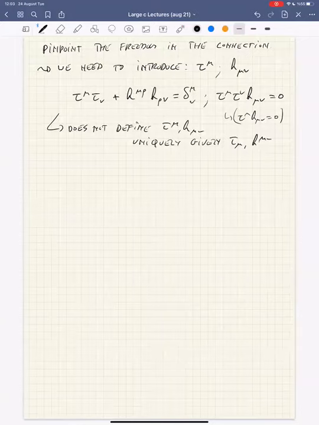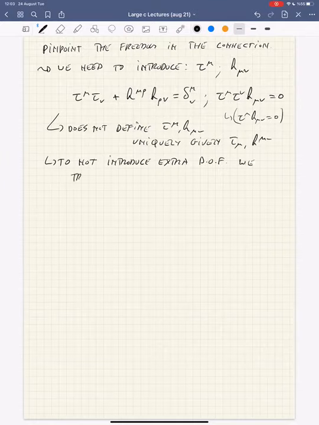So what are we going to do? The point is that, to not introduce extra degrees of freedom, we treat the extra freedom as gauge. Again, this is different from the freedom in the connection, which is a physical degree of freedom; as I said, the Newtonian potential, for example, is part of it. Here, we don't want to introduce extra degrees of freedom.